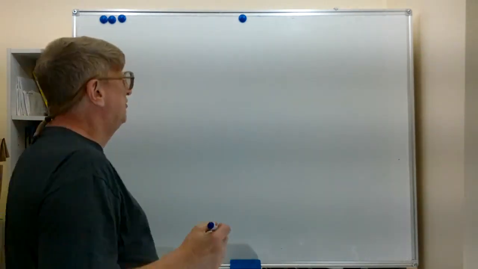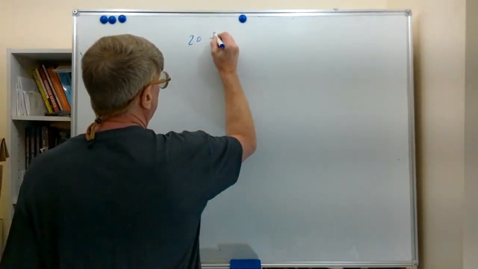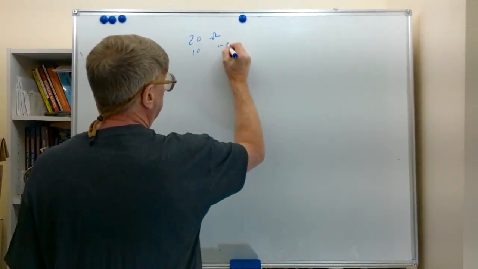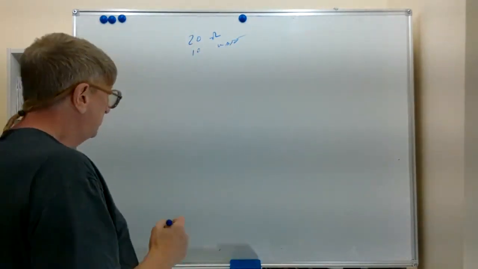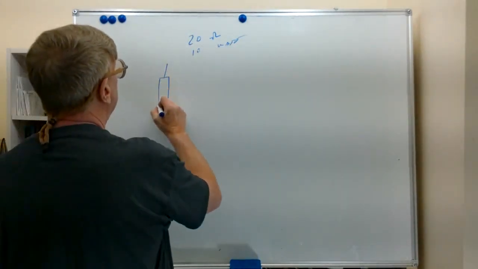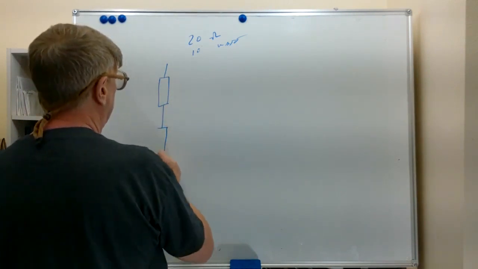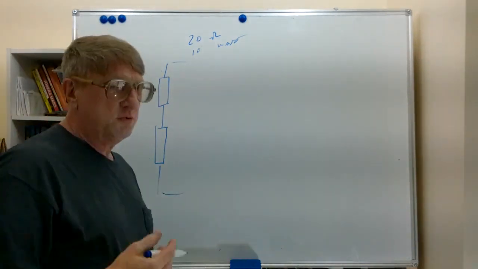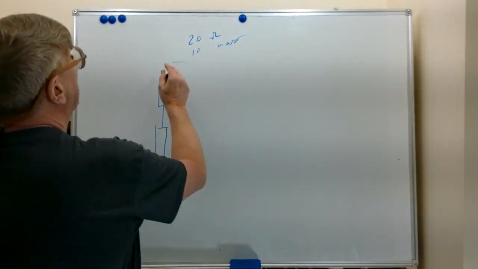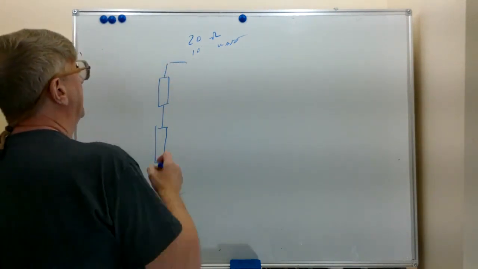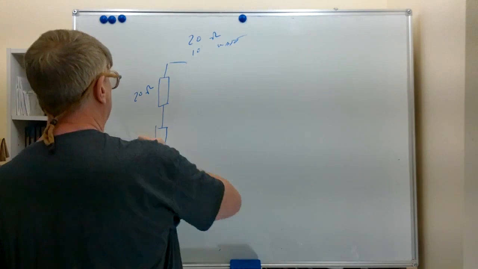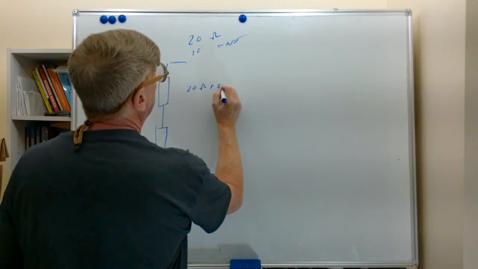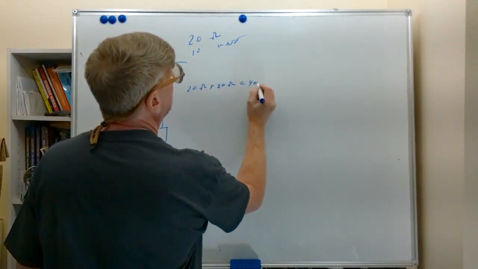All the resistors I'm going to use in this example are 20 ohm, 10 watt. If we put two of these in series and measure the resistance from here to here, the resistances add up numerically. 20 ohms plus 20 ohms is 40 ohms.